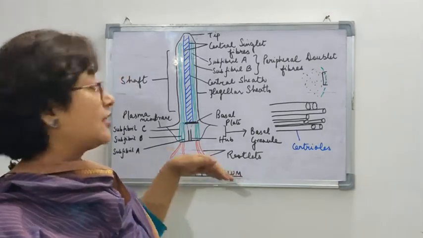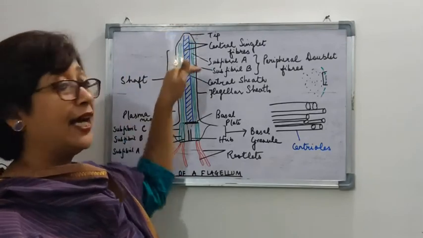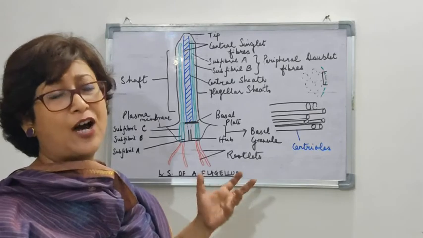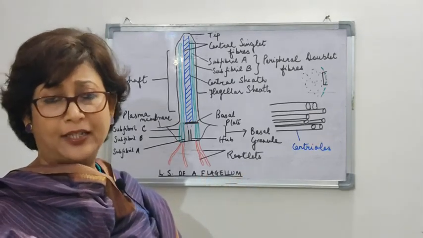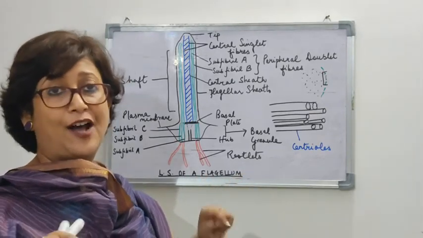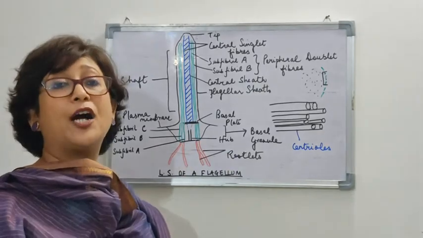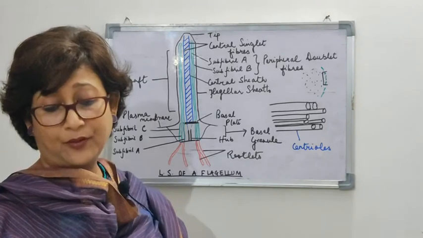So this is the outermost hair-like part that is visible. The length is 5 to 20 μm in the case of cilium, and flagella are longer, around 100 to 200 μm.